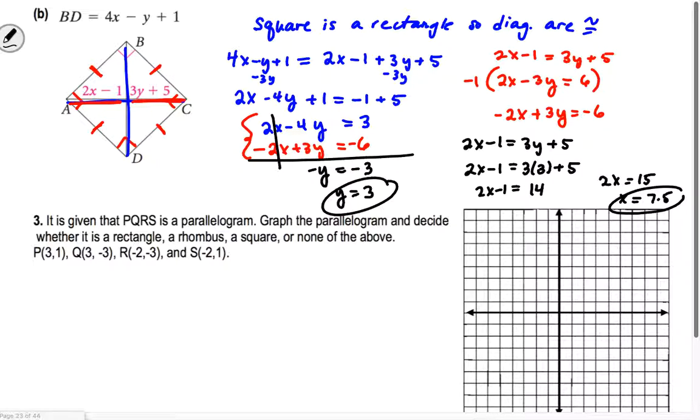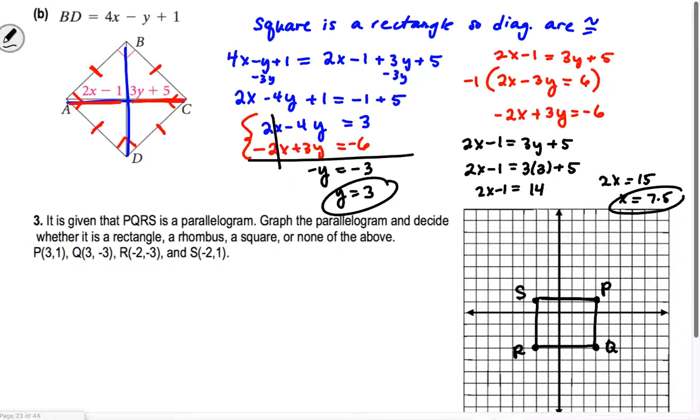Okay, so this one says, it is given that PQRS is a parallelogram. Graph the parallelogram and decide whether it is a rectangle, a rhombus, a square, or none of the above. Okay, so plot your points. So what shape does it look like?